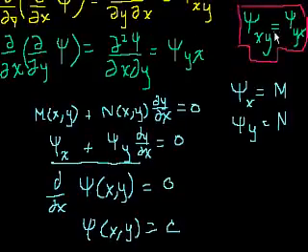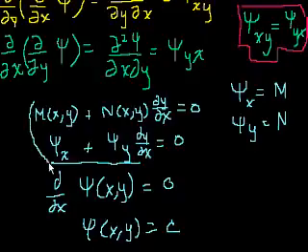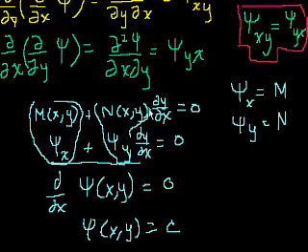We know that if xi and its derivatives are continuous over some domain, then taking the partial with respect to x and then y is the same thing as doing it in the other order. So this is the partial with respect to x, and this is the partial with respect to y.